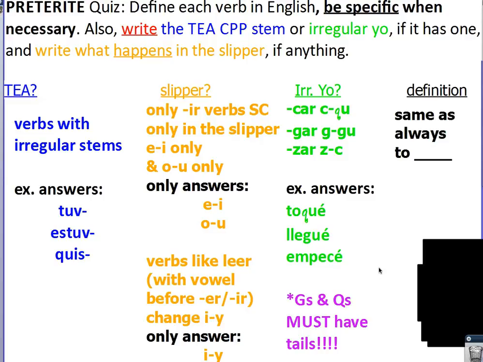One other thing that it is worth mentioning is that in the preterite, a verb can only be one of these things at a time. In the present tense, a verb could have a stem change and an irregular yo. But in the preterite, if the verb is a teacup, well, that affects it in all 6 boxes. Let's look at that.